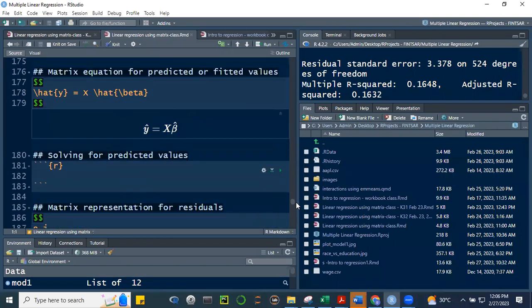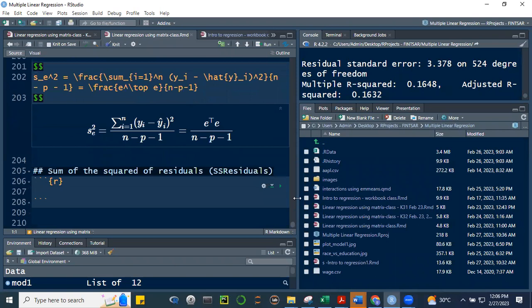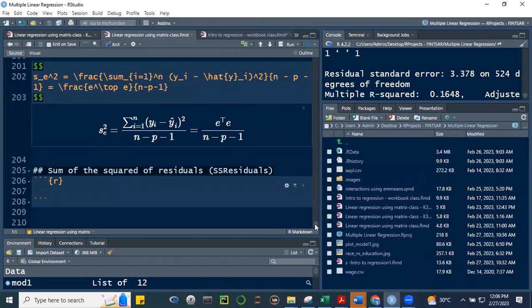Did I write it? Oh, hindi ko yata nasulat dito. Sorry class, hindi ko nasulat.